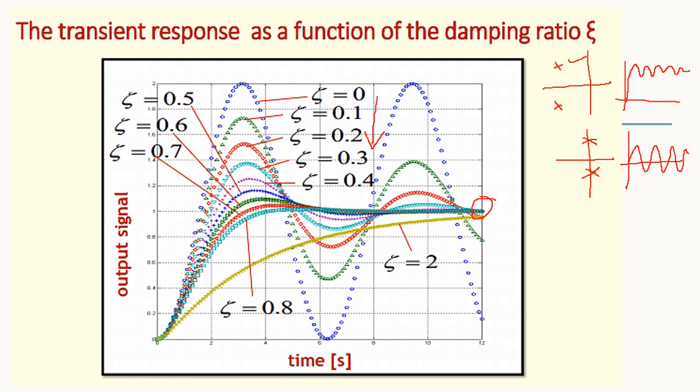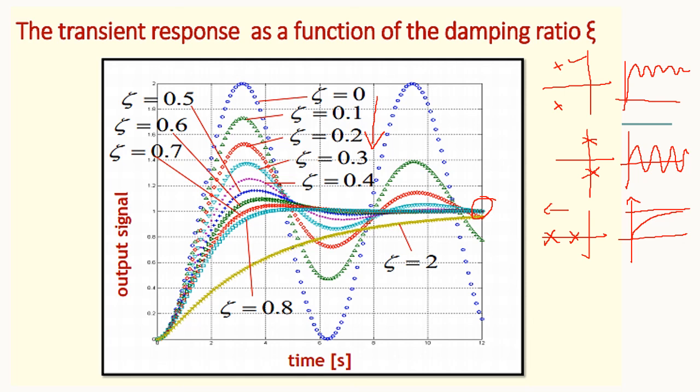Now if the system is overdamped, the system takes some finite duration of time to get to the steady state level, and under this condition the poles are real and lie on the left side.